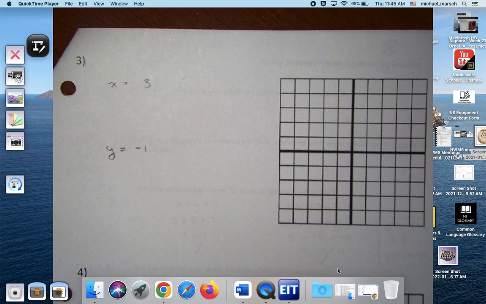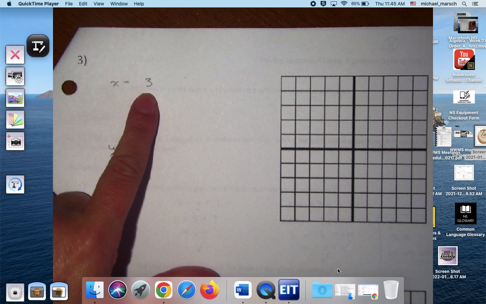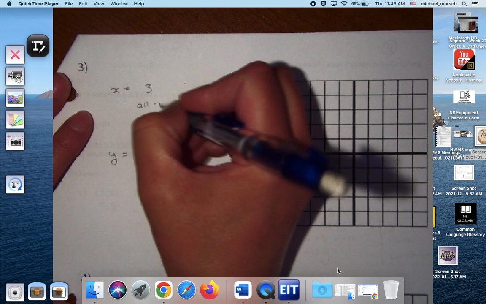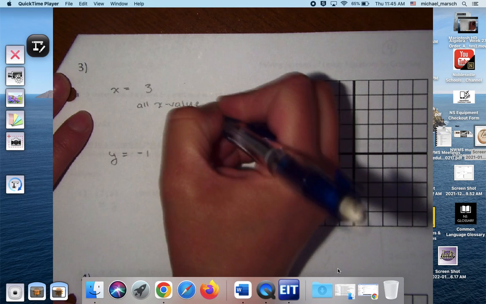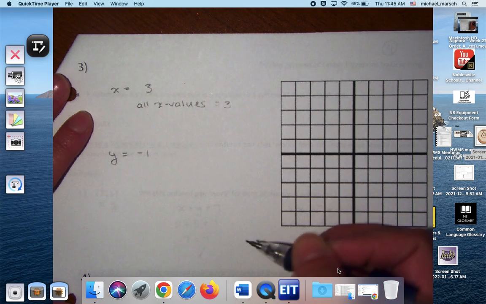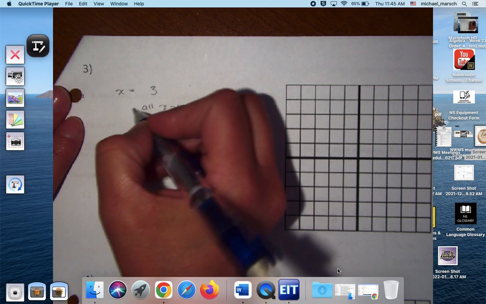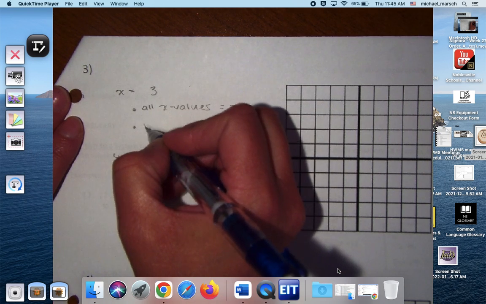X equals 3, y equals -1. So when something like this happens, what this tells me is all x values equal 3. And this is going to be a vertical line.